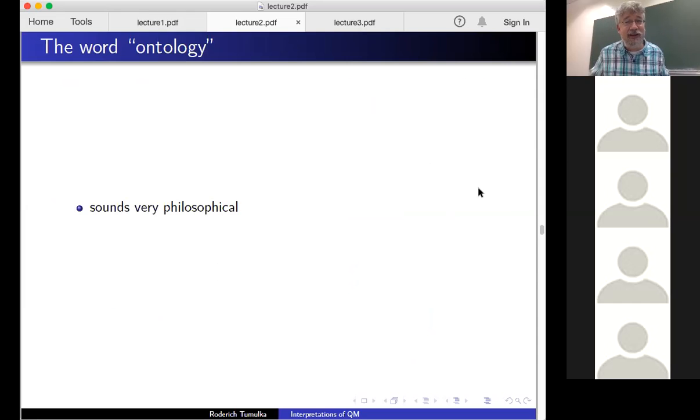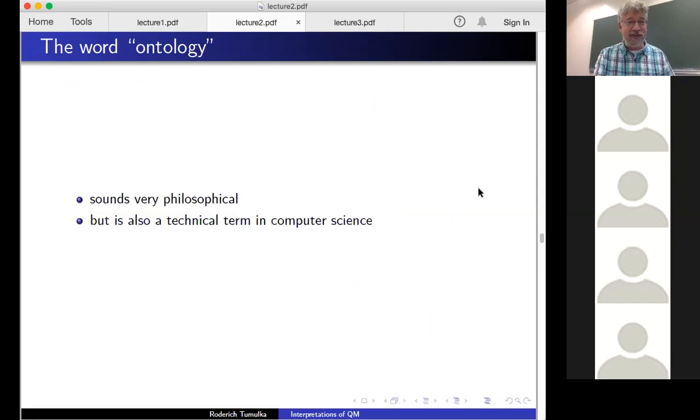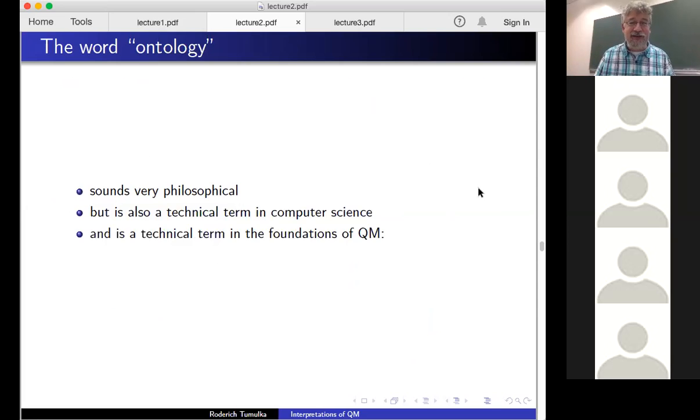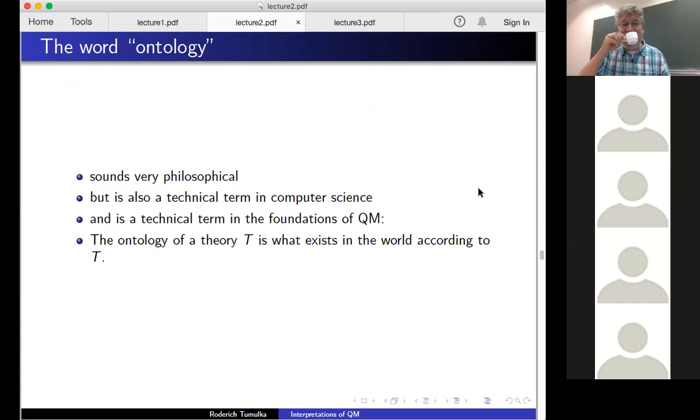Now, ontology, the word ontology already sounds kind of strange, sounds very philosophical, but ontology is also a technical term. For example, in computer science, it's a technical term, so they have theorems about possible ontologies. It's also a technical term in the foundations of quantum mechanics. Here's what it means there.